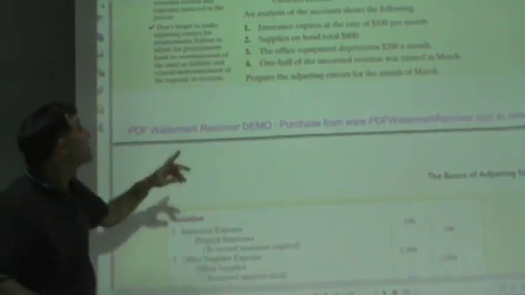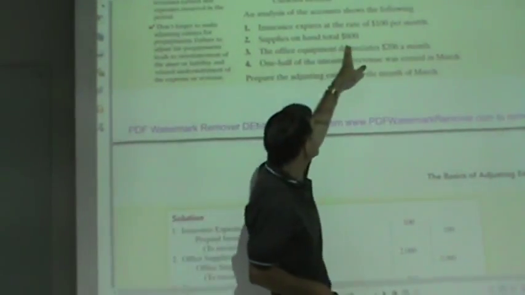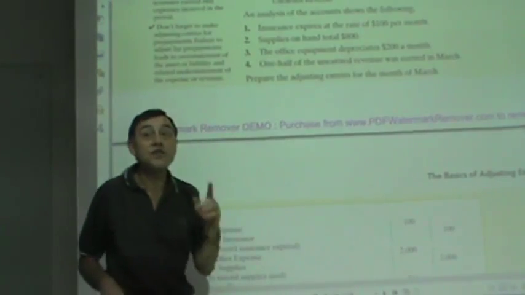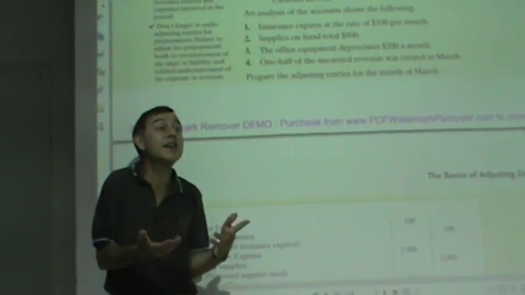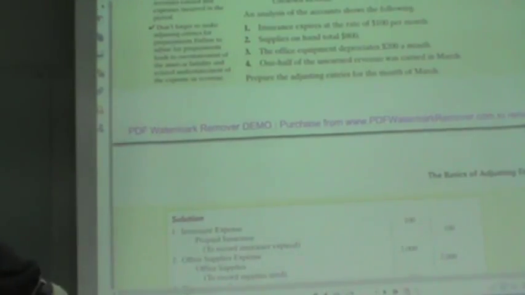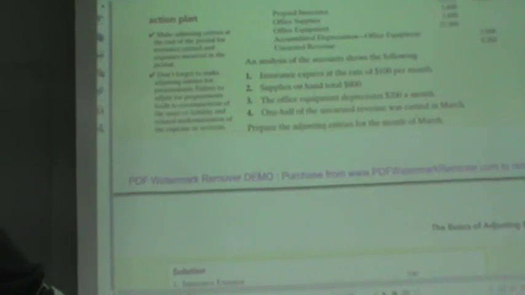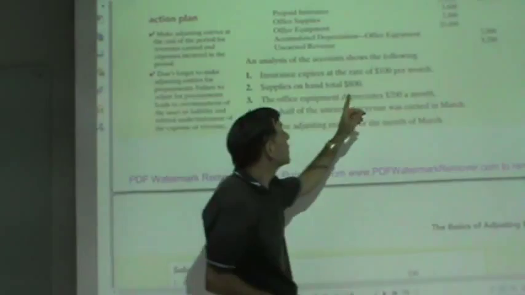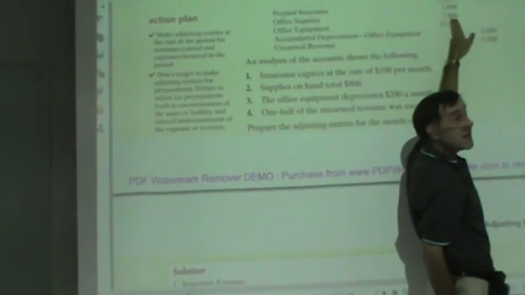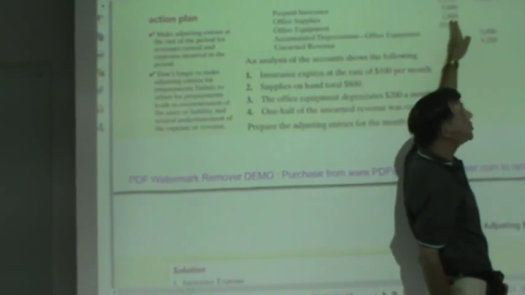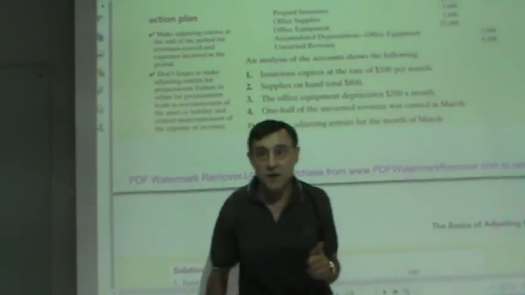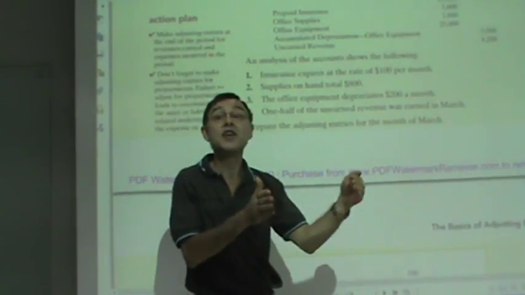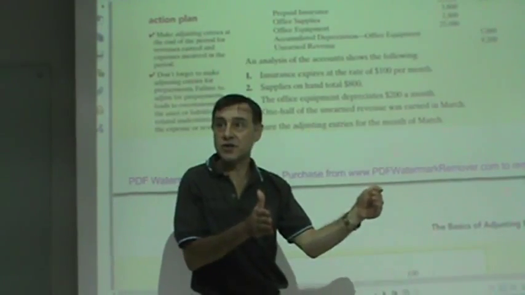Number 2, supplies on hand are 800. So now we need to ask, if now we have 800, how much did we have before? Before, supplies were 2,800. So before 2,800, after 800. The difference is what we used during the month, 2,000.